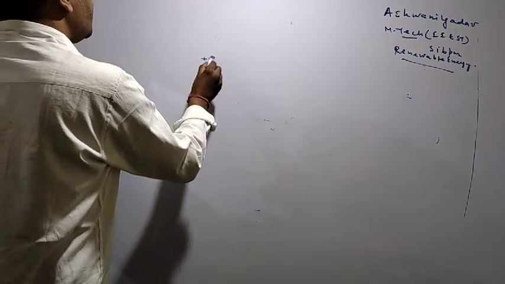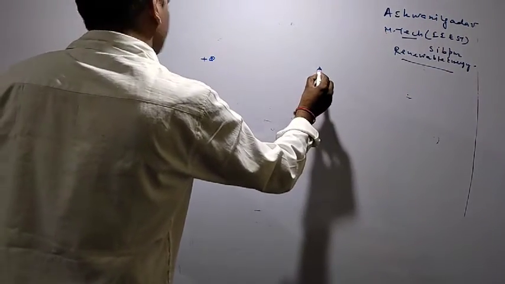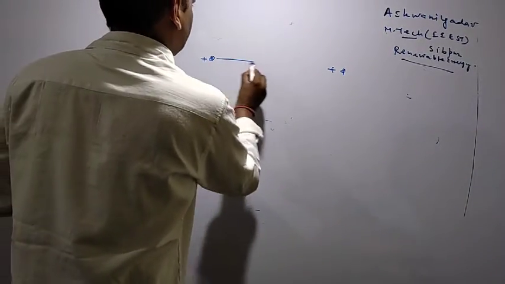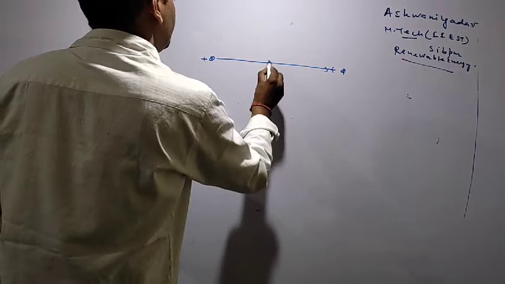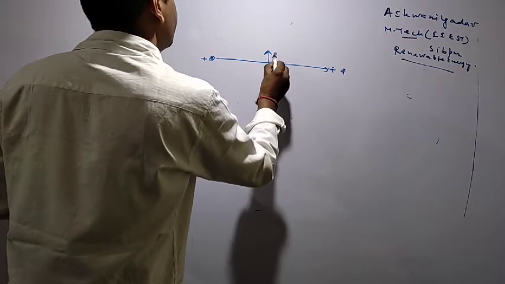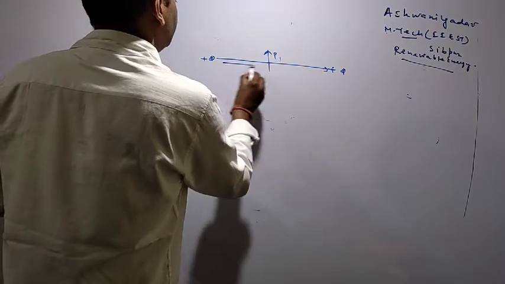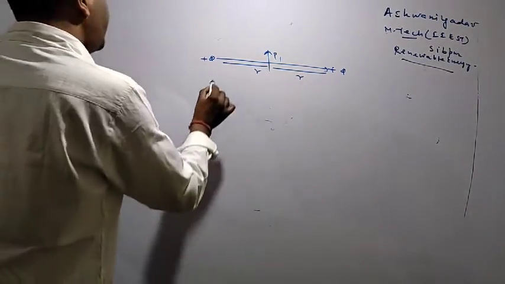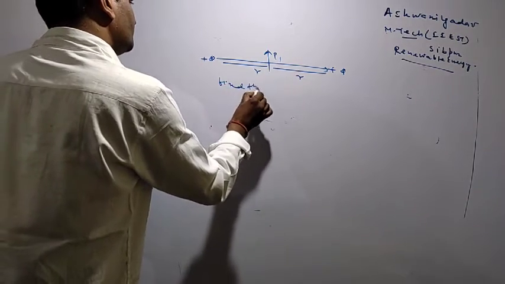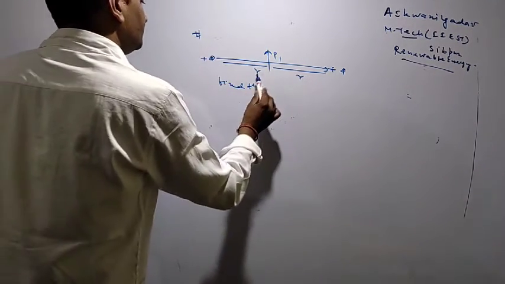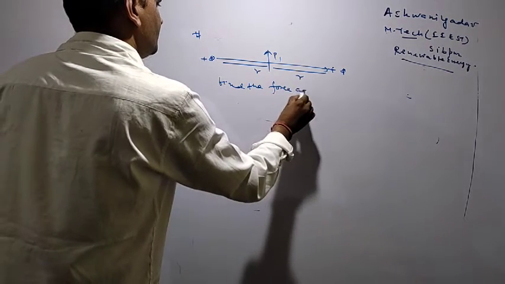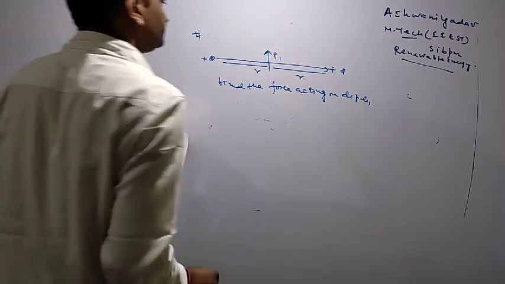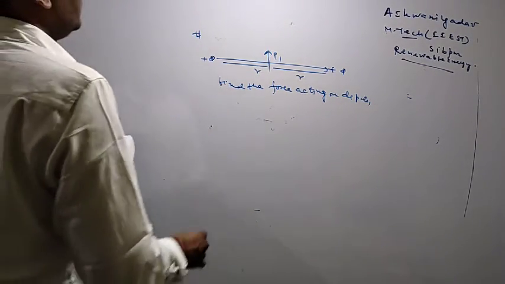This is your charge Q, and this is plus charge Q, and we have dipole moment in this direction P1, and this is R and this is R. So find the force acting on the dipole.